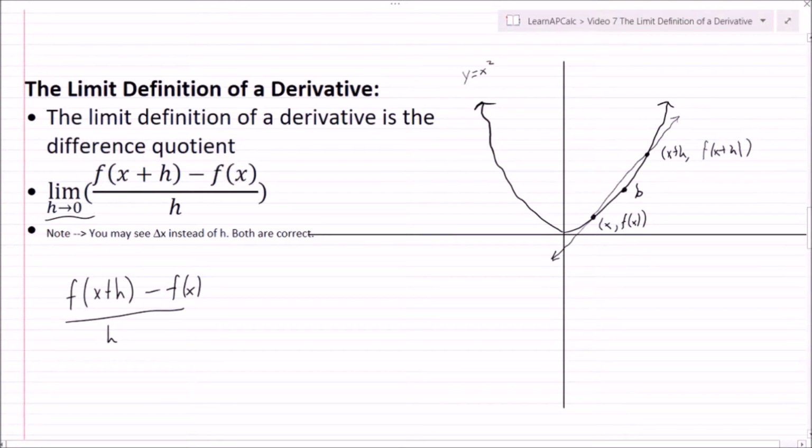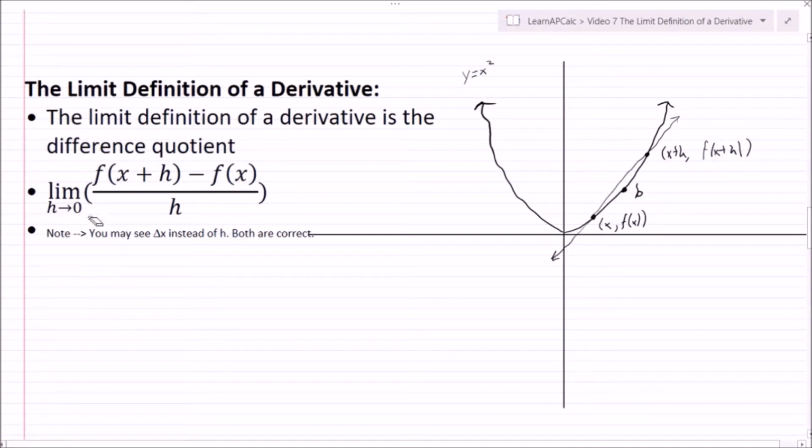Now, as I said before, if I want to get that tangent line, I need to get h smaller and smaller, because h is the distance between x and x plus h. So if I shrink that down smaller and smaller, I'm going to get a precise estimate.